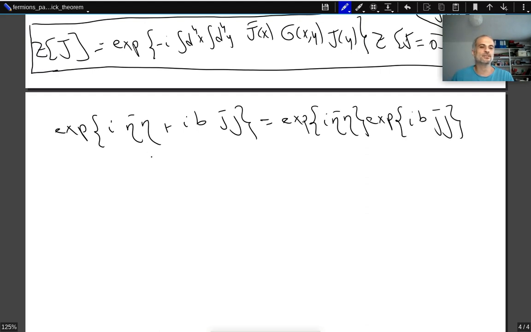Well, I just treated these Grassmannian bilinears, since there are two of them, as if they are just commuting numbers. But you see, they are commuting actually.